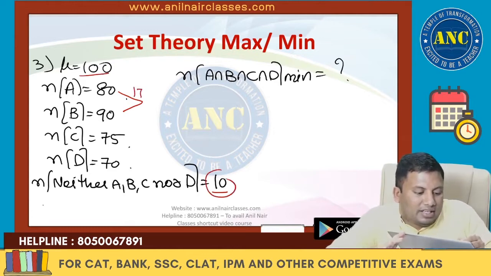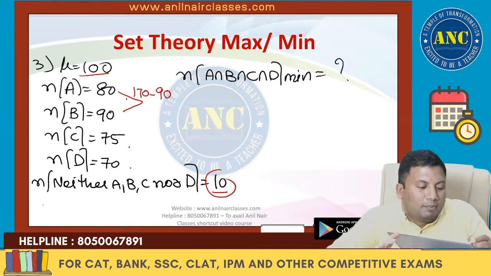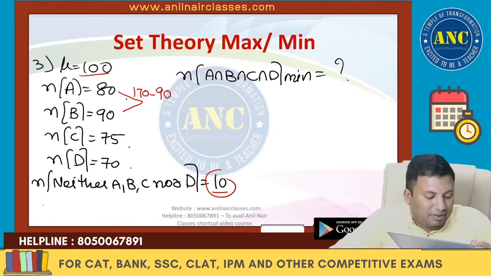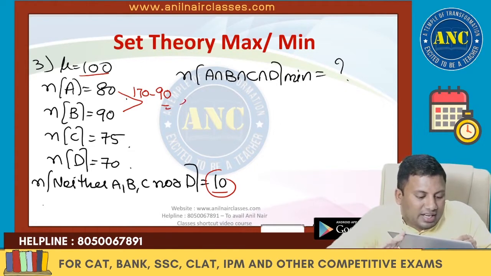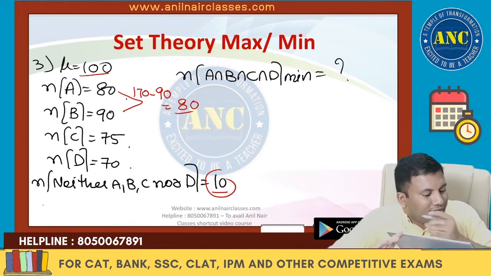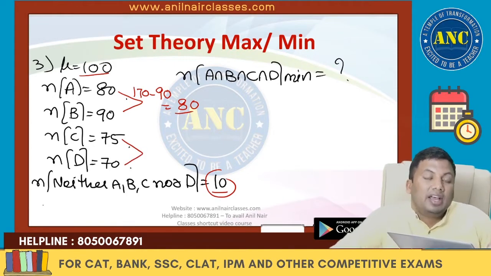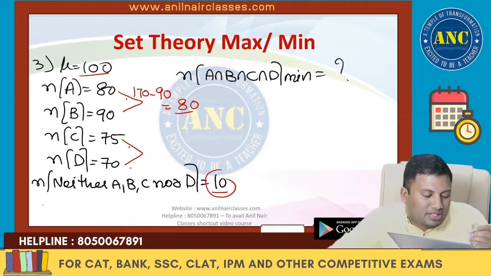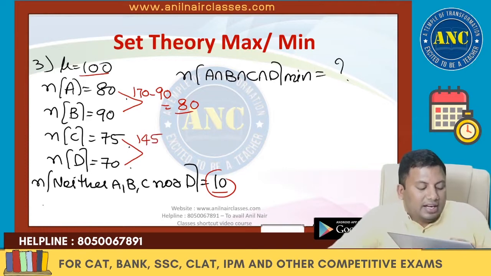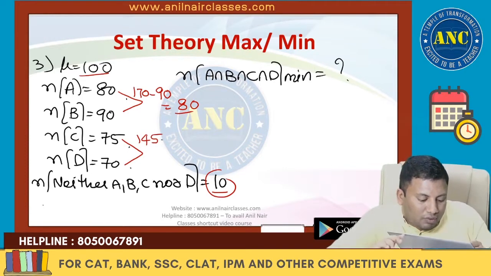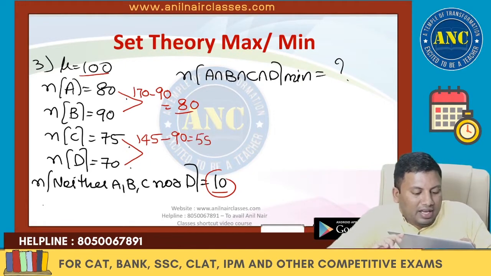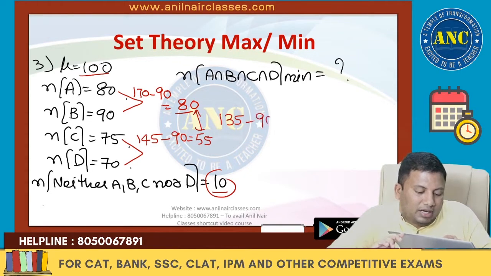So 170 is compared with 90, because 10 should be subtracted before it is 0. 170 minus 90 is 80. 70 and 75. Intersection minimum means union maximum. Separation will give you 145, because neither A, B, C nor D is 10. So 145 minus 90 is nothing but 55. 80 with 55, 135. Base is nothing but 90. Answer is nothing but 45.